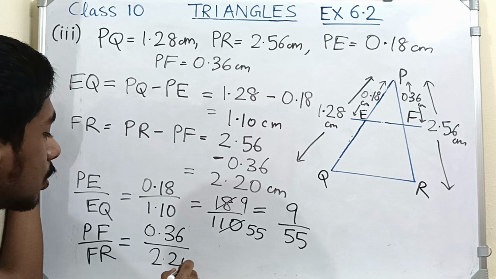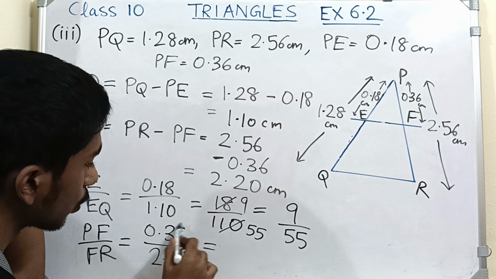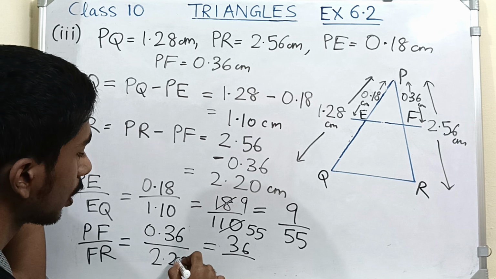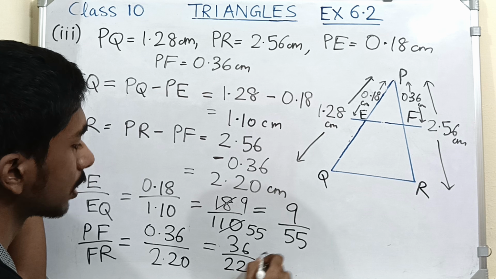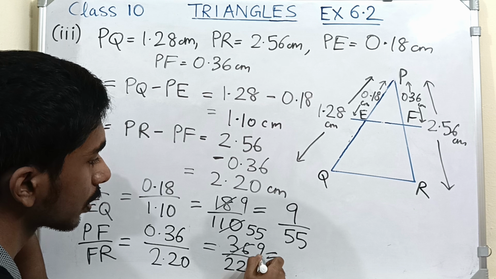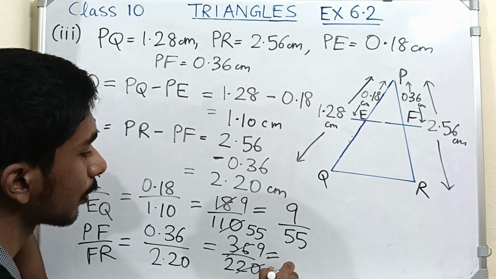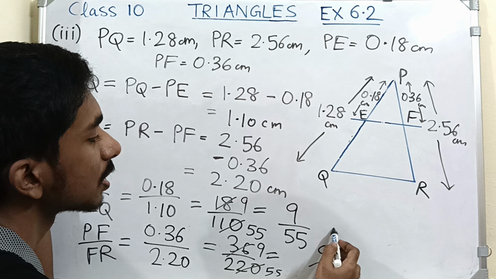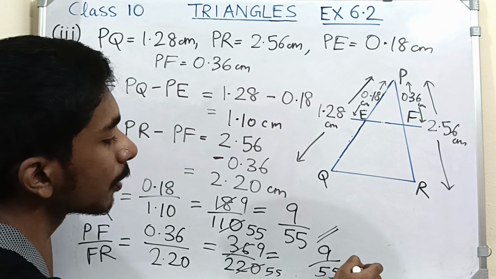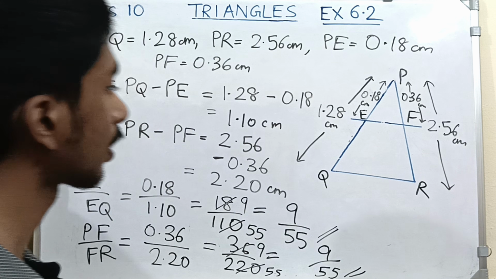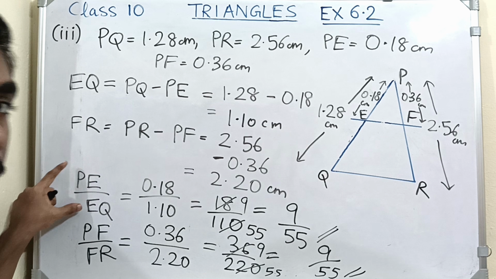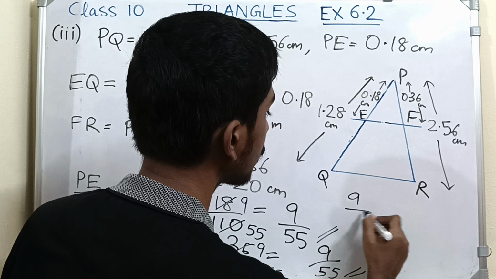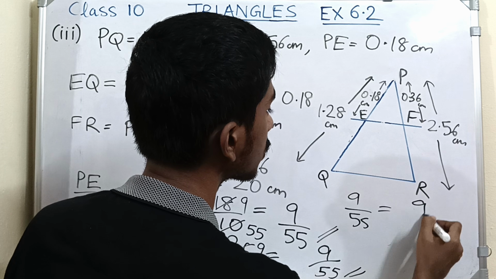Shift the decimal two places, it will become 36 over 220. You can divide it by 4, it will become 9 over 55. So here also the ratio is the same, 9:55. So both ratios are the same: PE by EQ is equal to PF by FR. So 9 by 55 equal to 9 by 55.